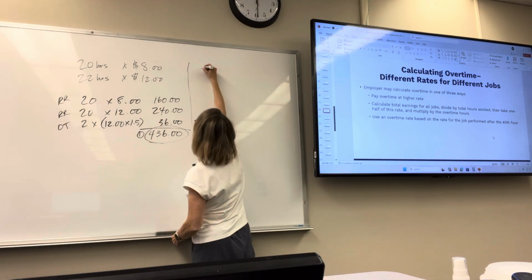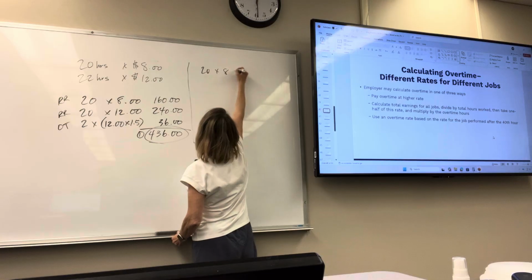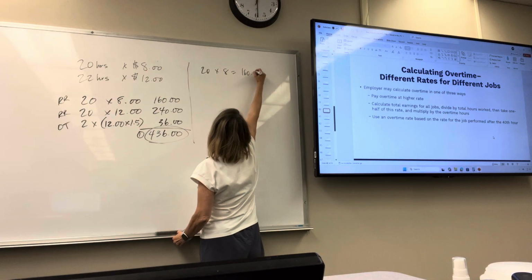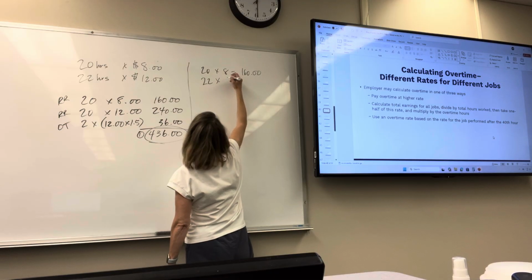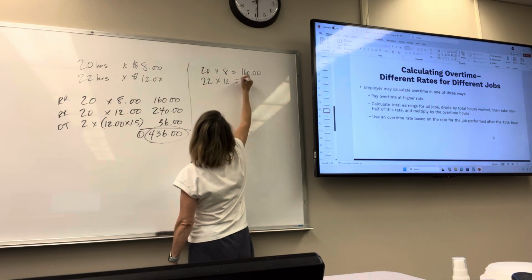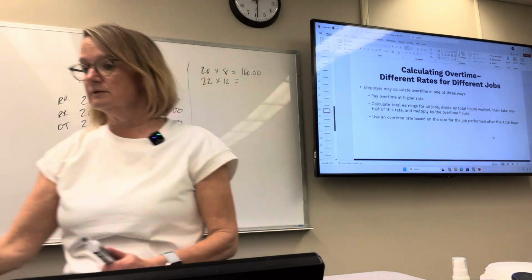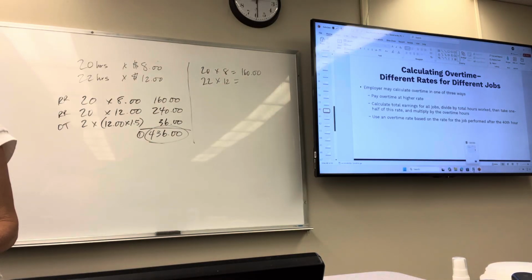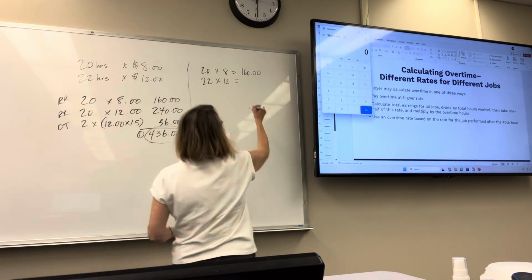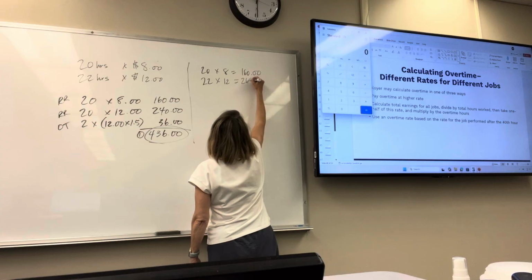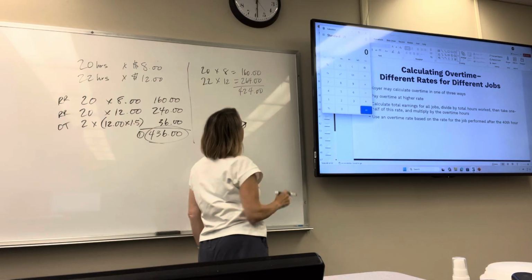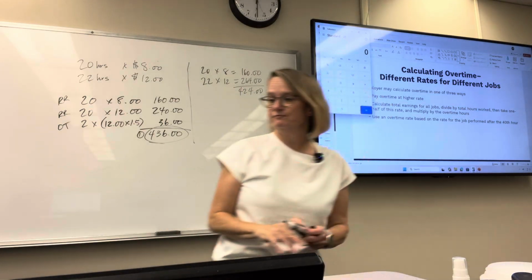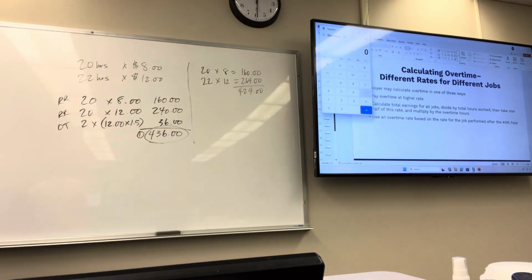All right, so we've got 20 times 8, 160. 22 times 12. I'm going to have to use a calculator for that one, unless somebody wants to give it to me. 264? Okay. So our total earnings, 424.